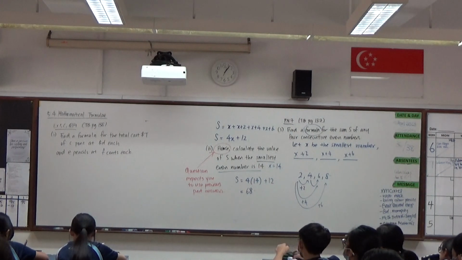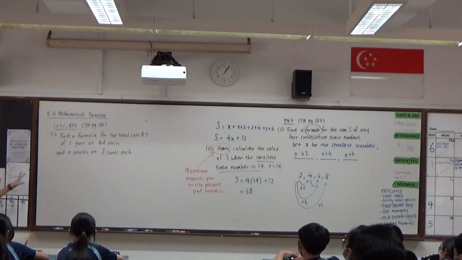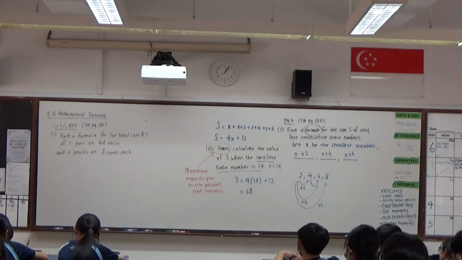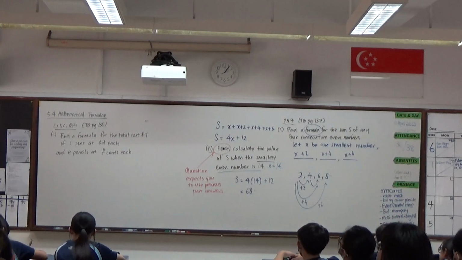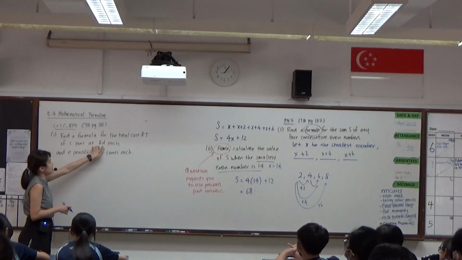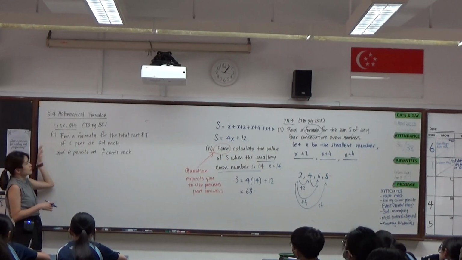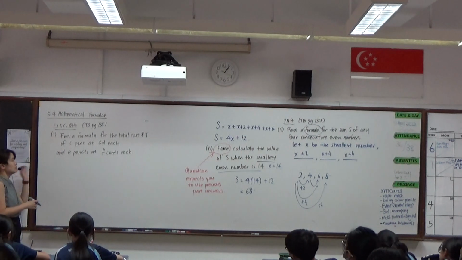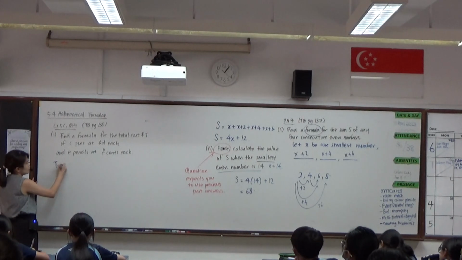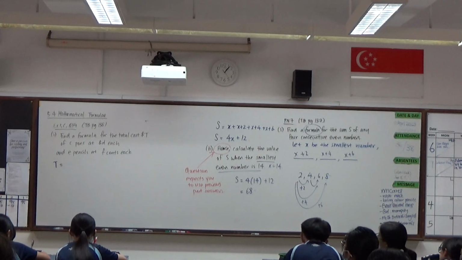Let's see your Zoom ready. Find a formula for the total cost $T of C pens at $D each, E pencils at F cents each. So they are not giving you the numbers at all. They are giving it all in expressions. We need to form our formula.